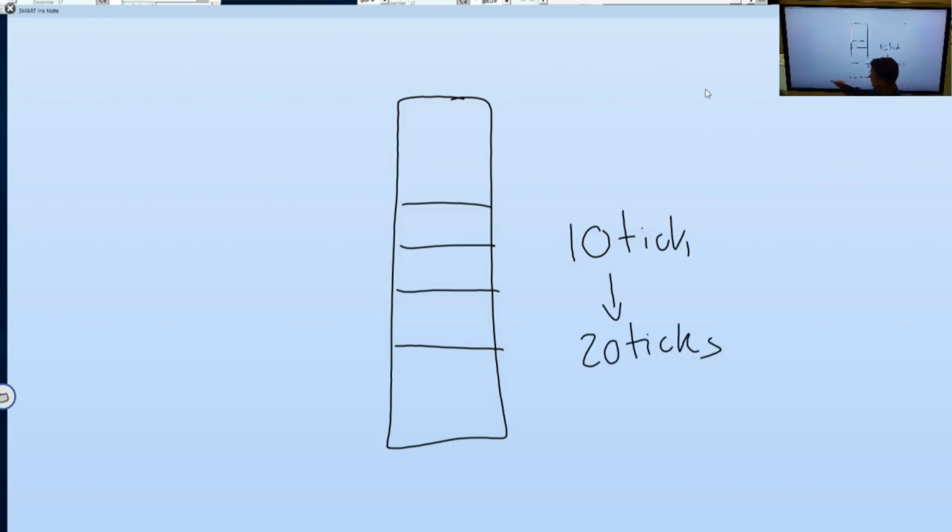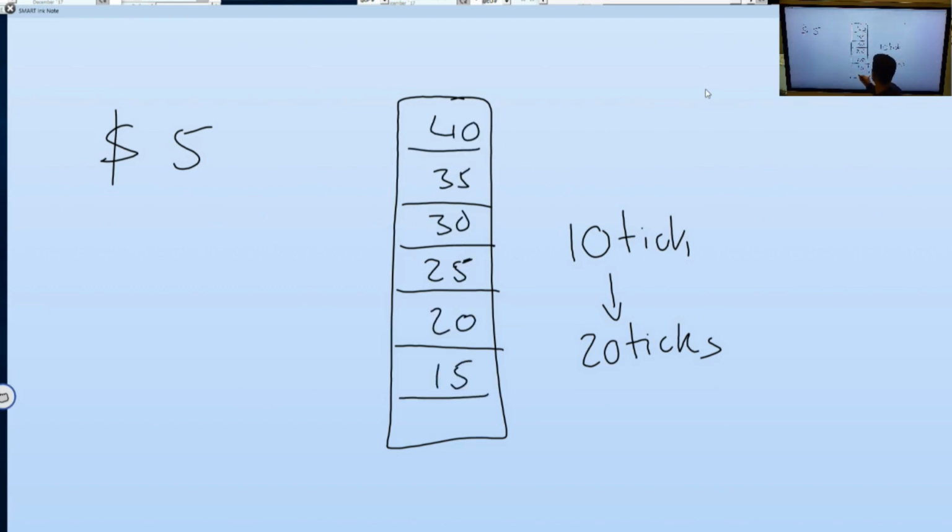To put things in perspective, Bitcoin is trading in $5 increments. So we're going from 25 to 30, to 35, to 40, and down to 20, to 15, to 10. We're trading in $5 increments on the price ladder.